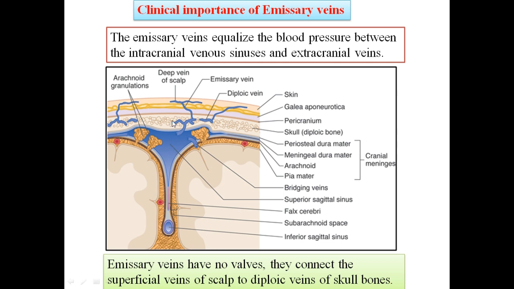The important function of the emissary vein is to equalize the blood pressure between the intracranial venous sinuses and extracranial veins. The important disadvantage is that emissary veins have no valves, so blood can move from one place to another, and infection can quickly spread from one area to other areas.